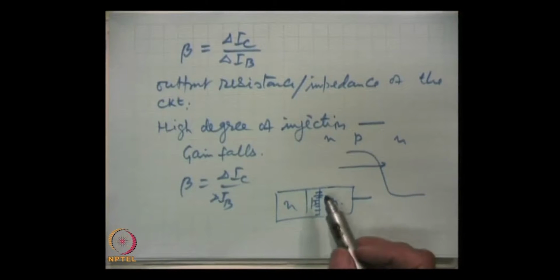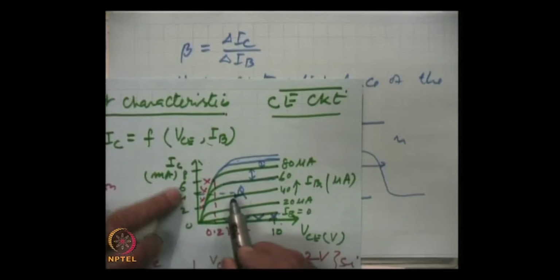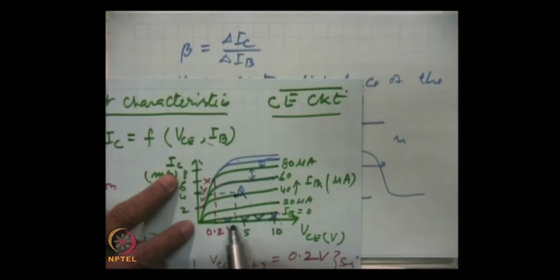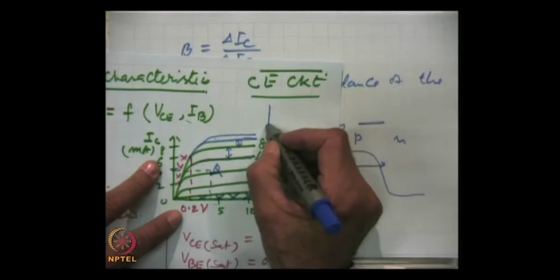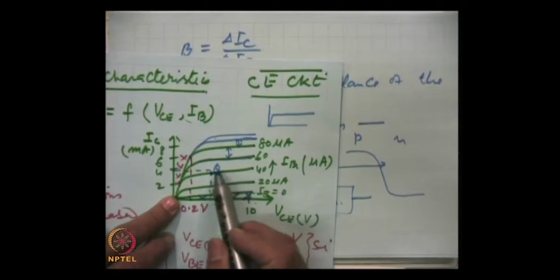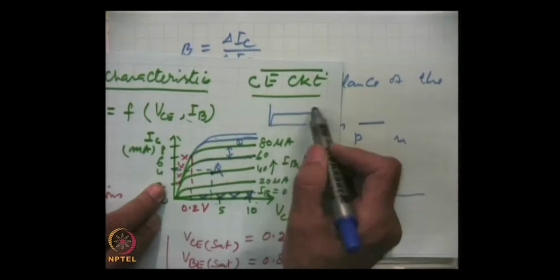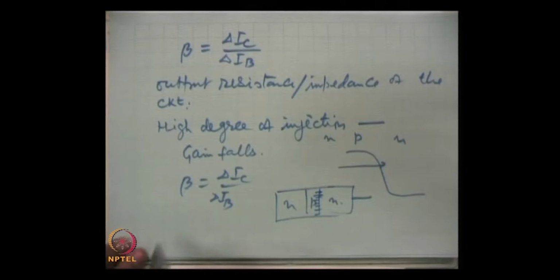Hence a lesser number of electrons will recombine, giving rise to a slightly higher value of collector current with the rise in reverse bias voltage. That is why there is a slight rise in the current with voltage. Had it been totally independent, these curves would have been totally flat, but I have shown that there is some slope, and that is because of what we call base width modulation.